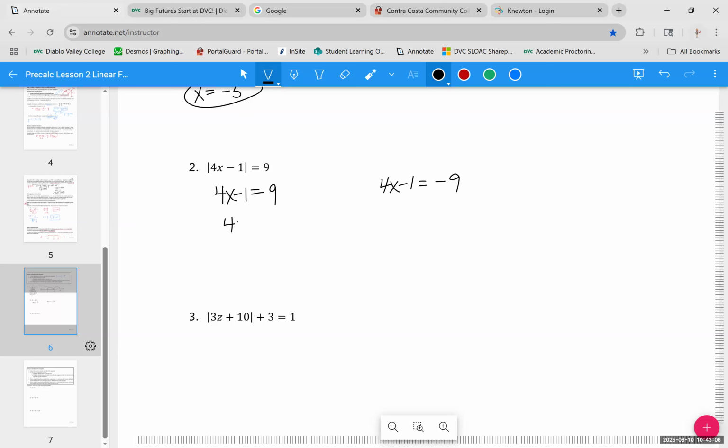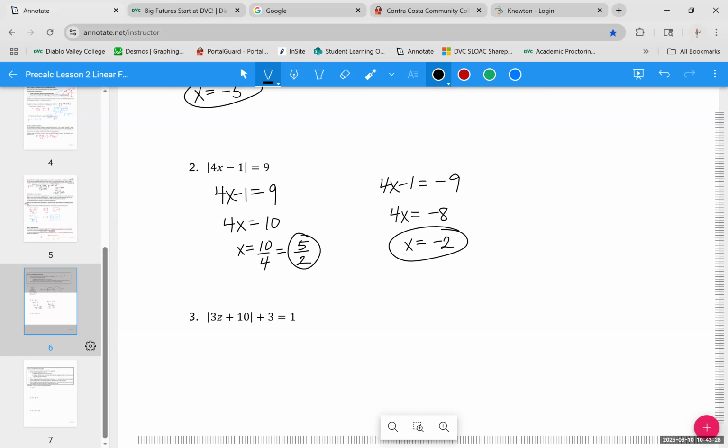I'm going to solve each one of those. Divide by 4. So 10 over 4 is 5 over 2. That's my first answer. And then add the 1 over and divide by 4. And I get my second solution.